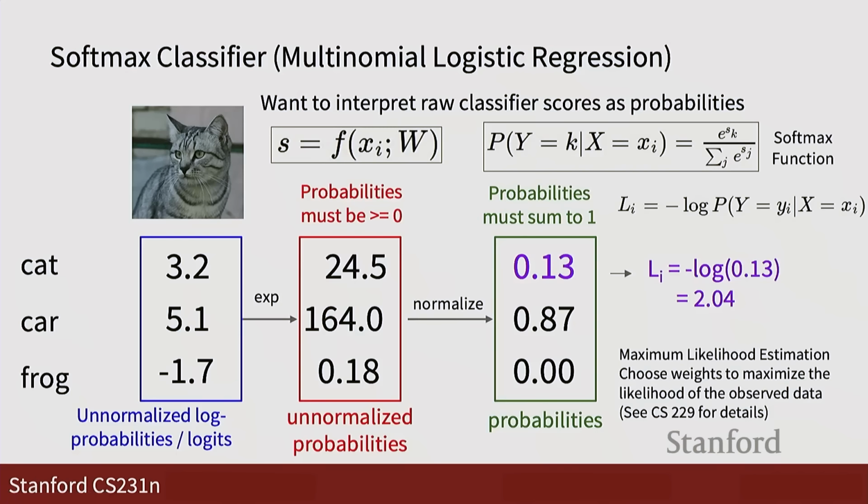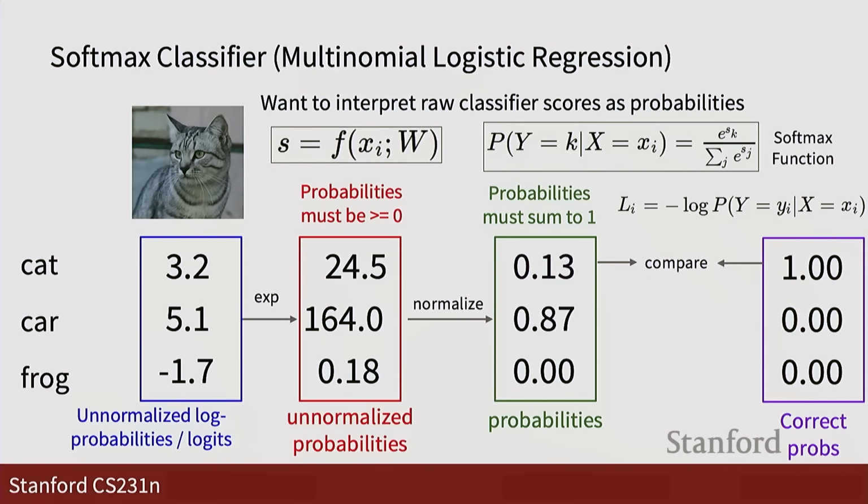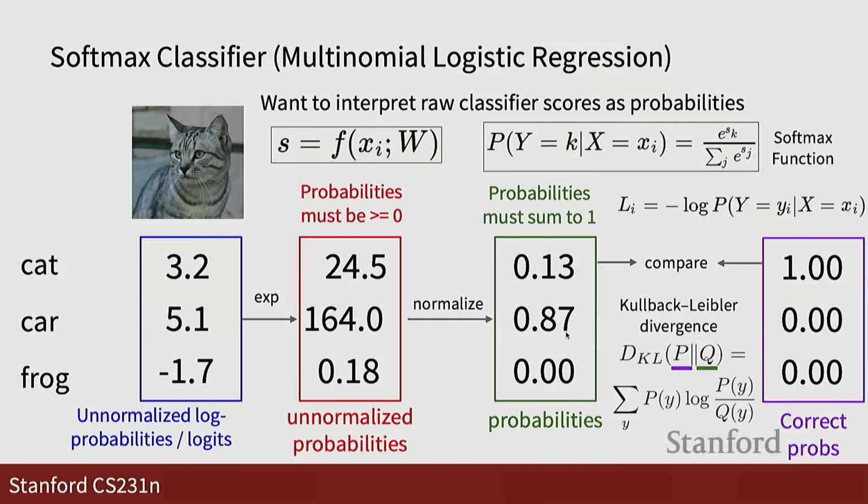But there are other ways of interpreting this framework as well. One way of redefining this loss function is saying that we have some estimated probabilities, and we also have a probability function that defines the correct probabilities. What we want to do is to match these two probability functions, right? And in order to do that, we want to minimize the KL divergence, Kullback-Leibler divergence.